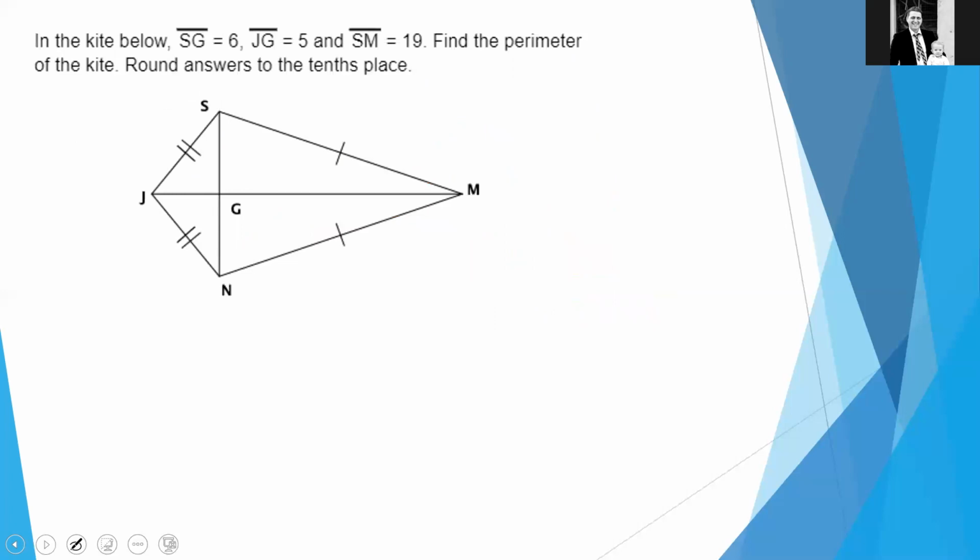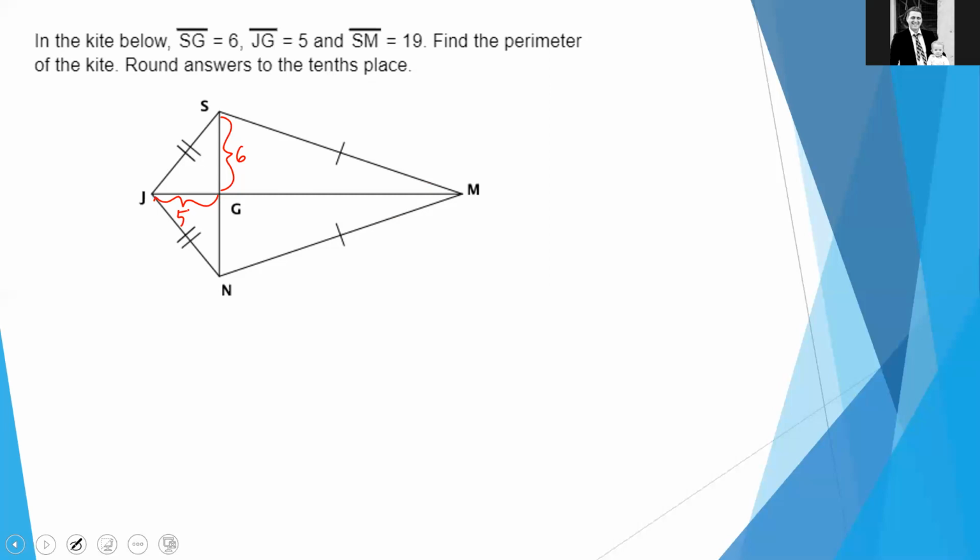Let's look at this one. It says from S to G, that's 6. And from J to G, that is 5.